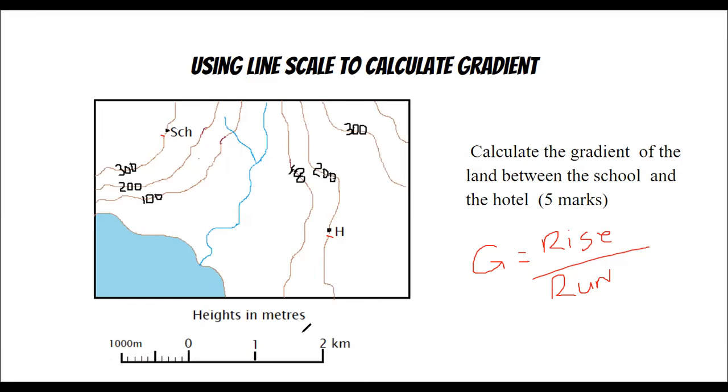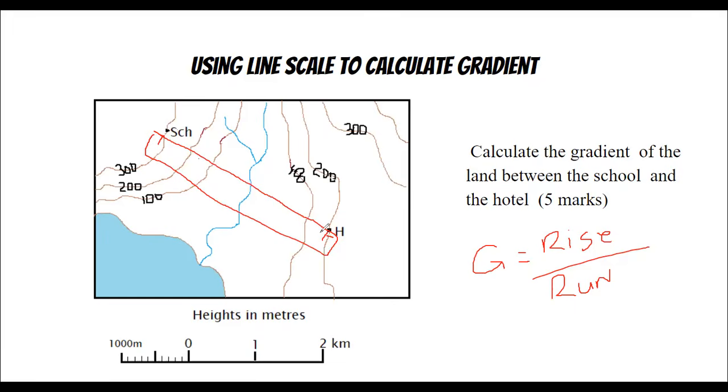Now, what if it wasn't a linear scale? What if it was a statement scale or a ratio scale? What would we do? We would, of course, get our paper. We would mark off these 2 points on the paper. Then we would use another instrument, which is our ruler.